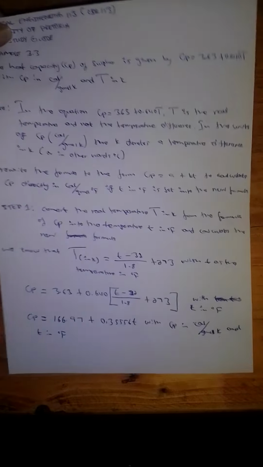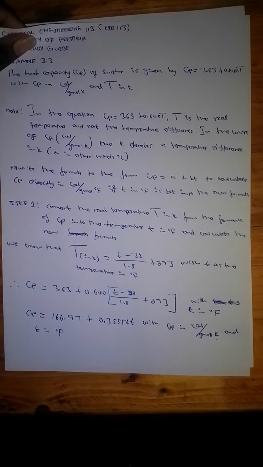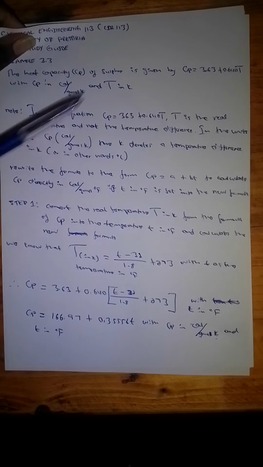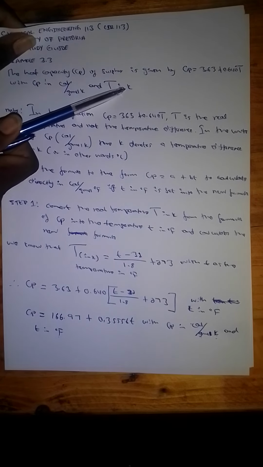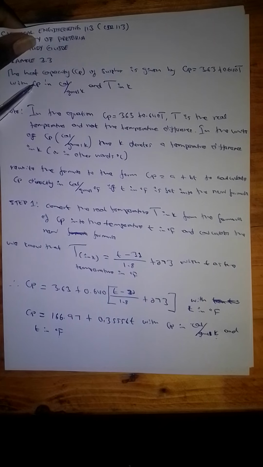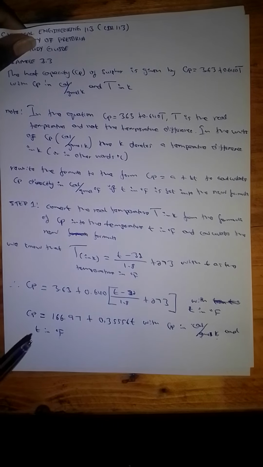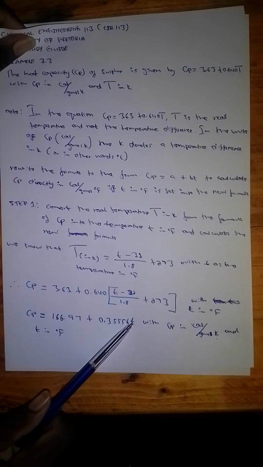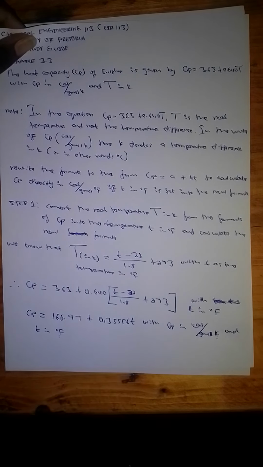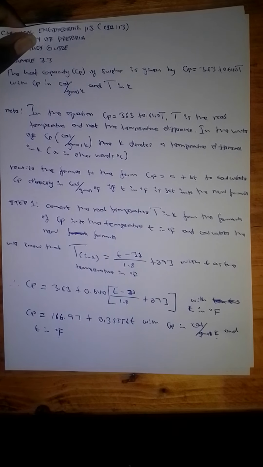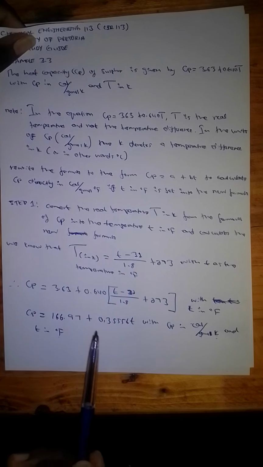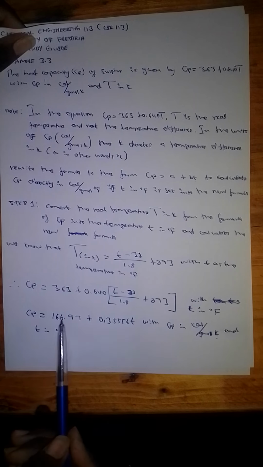The testing here is specifically to check the consistency of our two equations. Remember, we had an equation here in Kelvin for Cp, with units of calorie per gram mole Kelvin. Now we have a new equation of Cp with T in degrees Fahrenheit. The whole concept of testing is to test the correctness of the equation, especially the second equation.